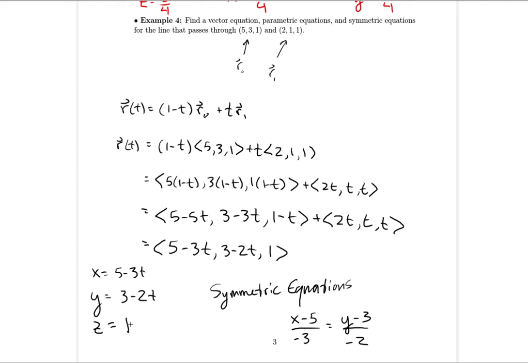Because it's just 1 here. So if that ever happens to you, then your symmetric equations are going to be just these two with the extra statement by itself, z equals 1. Okay, so I wanted to show that example, so if you ever run into that, you know how to deal with it.